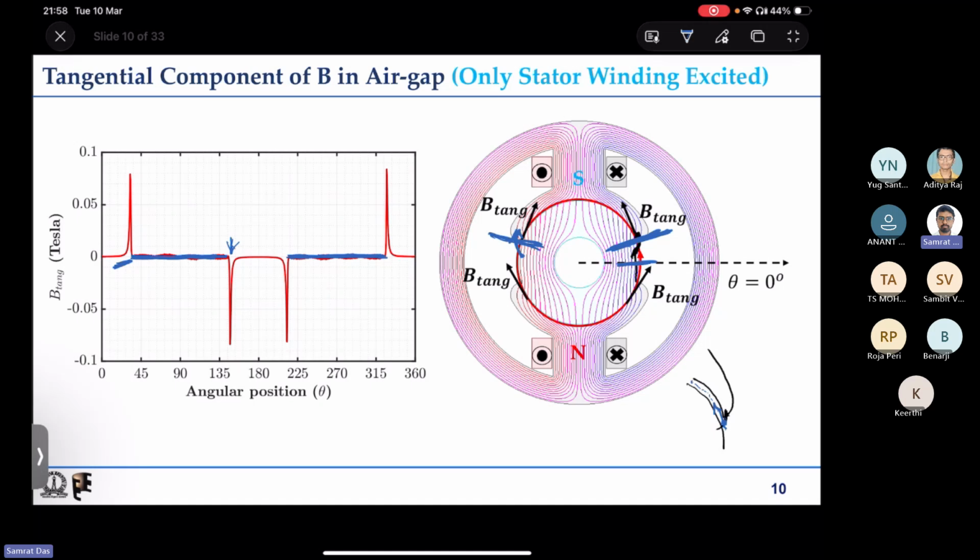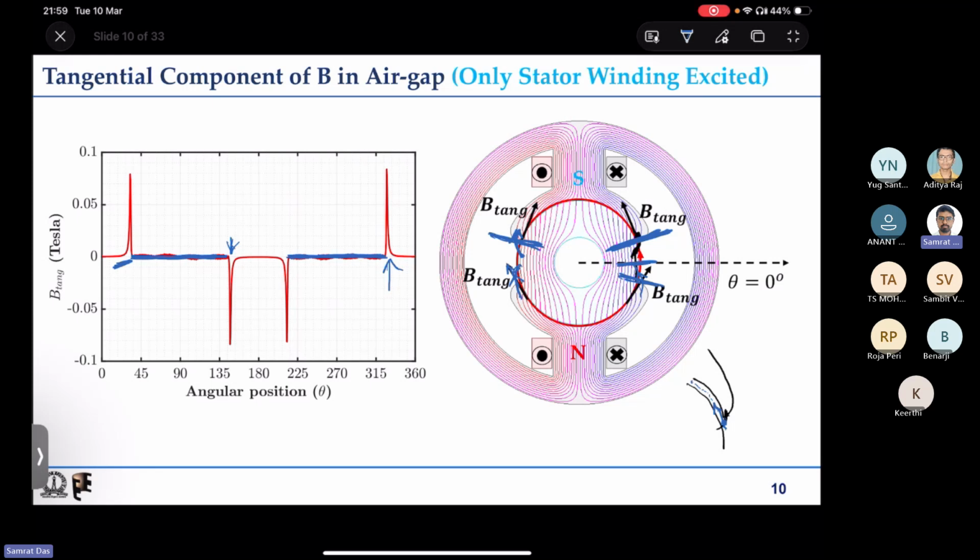Again you have a negative edge here, because here the flux lines are going the opposite way, in the circumferentially clockwise direction. And here the flux lines are coming out from the rotor, coming out from the stator and entering the rotor, so it has some direction in the anti-clockwise direction. That is why at this point you have a positive tangential component.